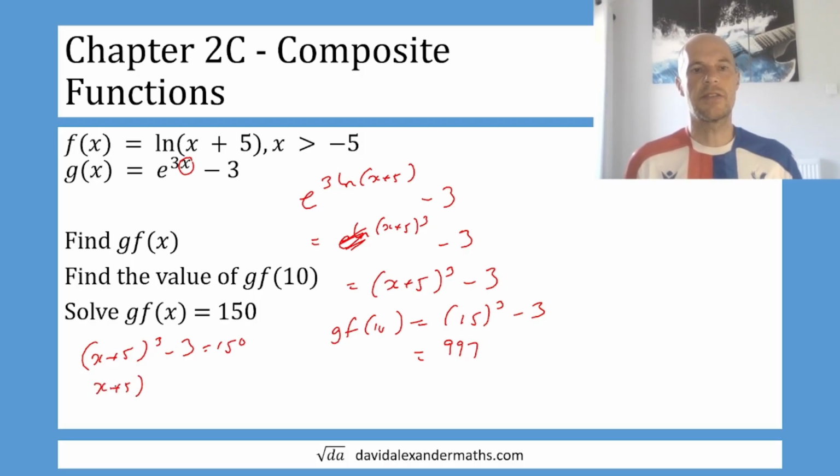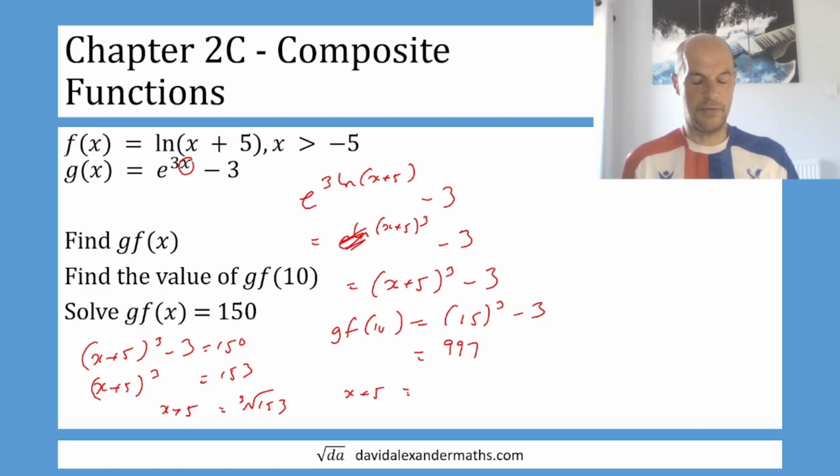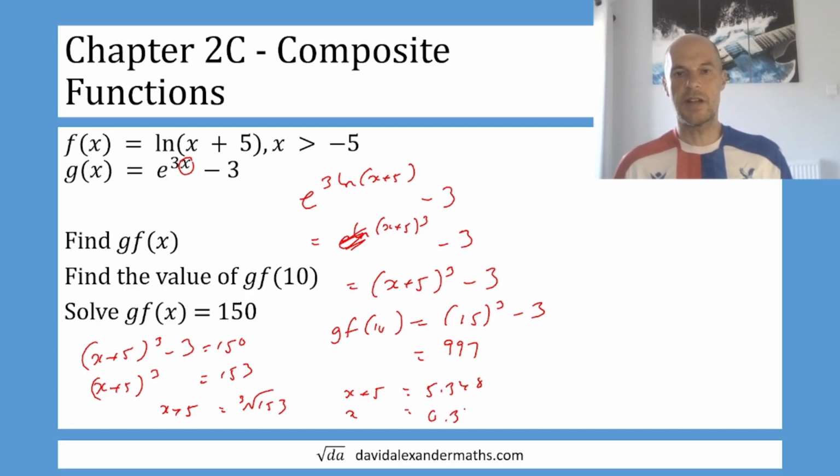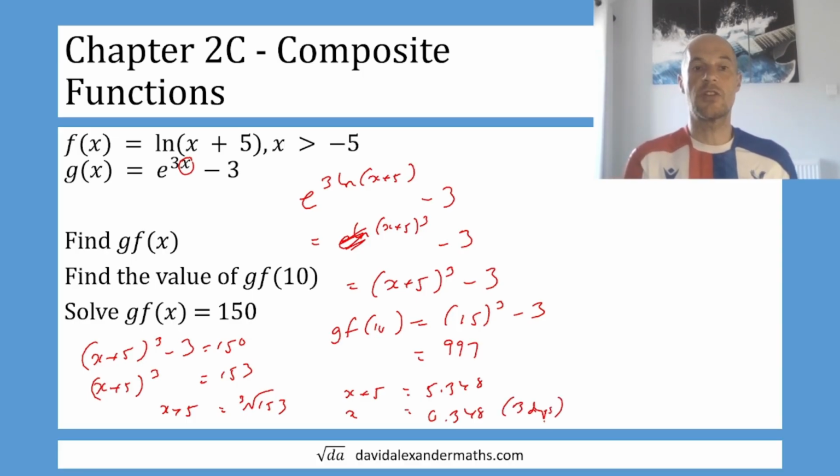So x plus 5 cubed is going to be 153, so x plus 5 is the cube root of 153. The cube root of 153 is 5.348. So therefore x is going to be 5 subtracted from that, so 0.348. That's just giving me answers to 3 decimal places there. So not too bad once you've worked out that nasty gf of x.